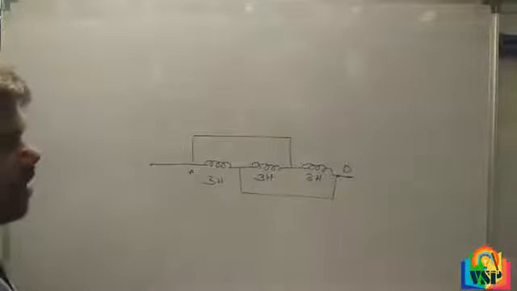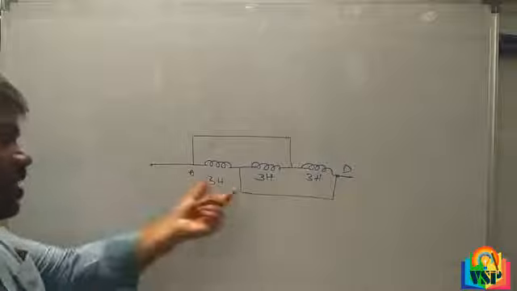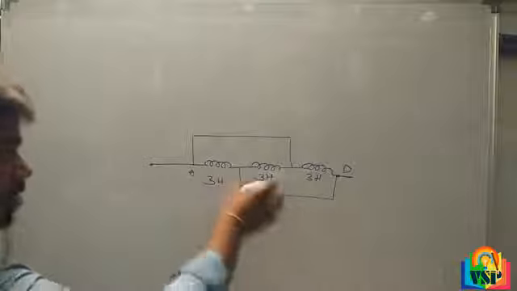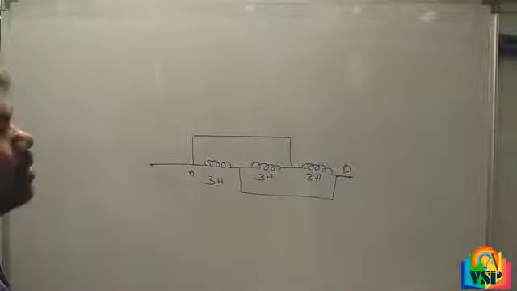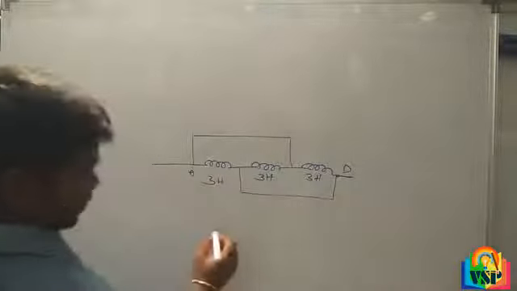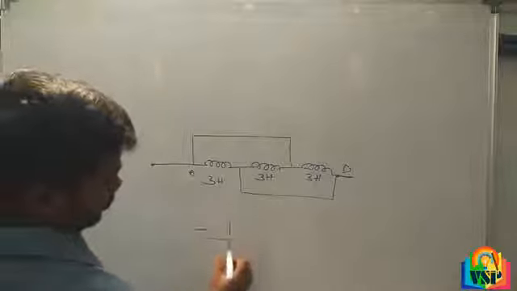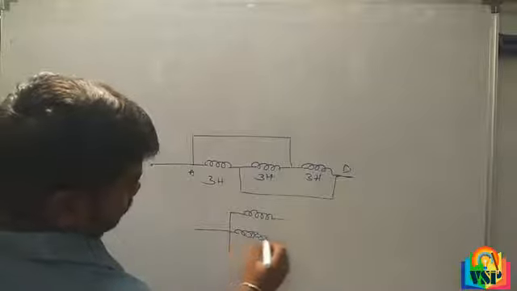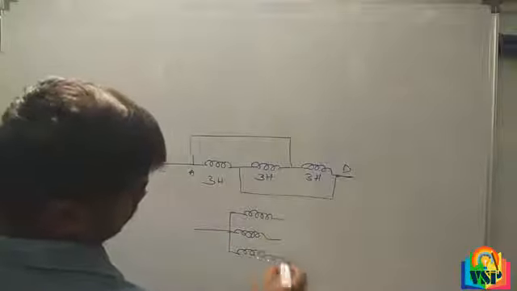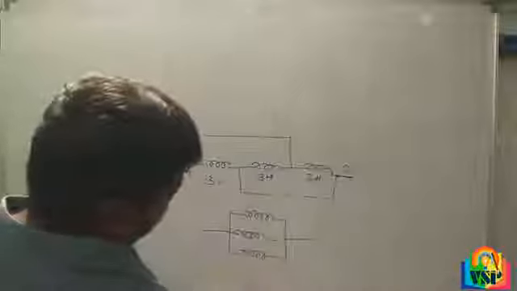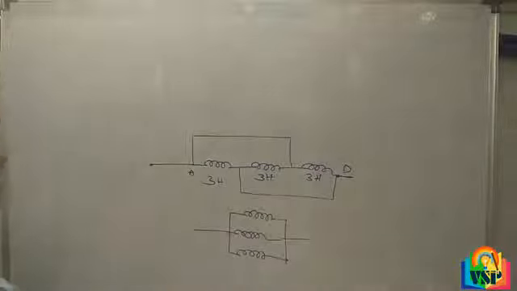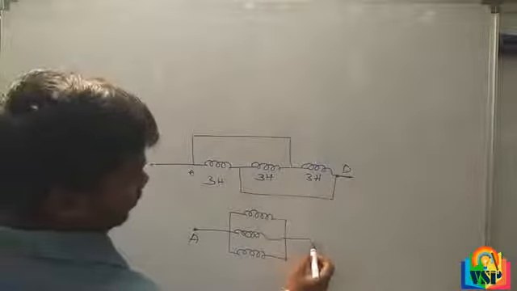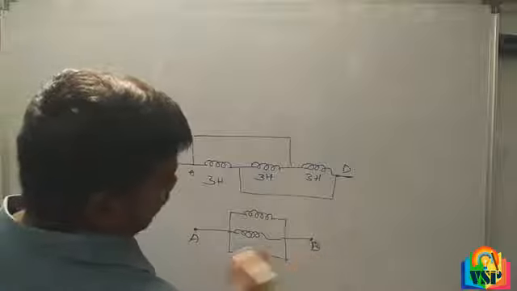They gave the diagram like this: 3 self inductances which are in parallel. So after rearranging this circuit diagram, we can get it like this. From this we can say this circuit is parallel.